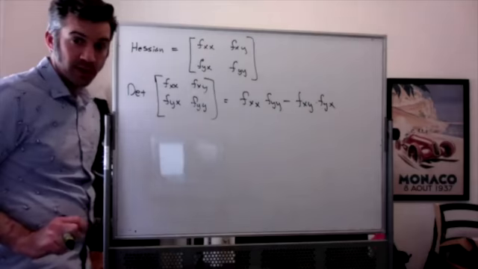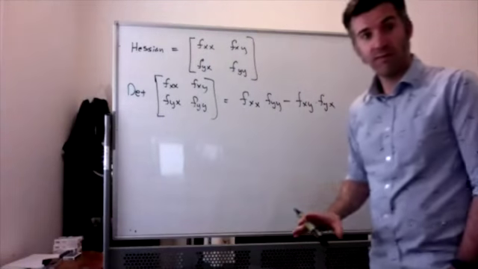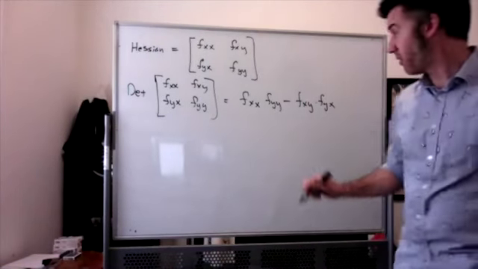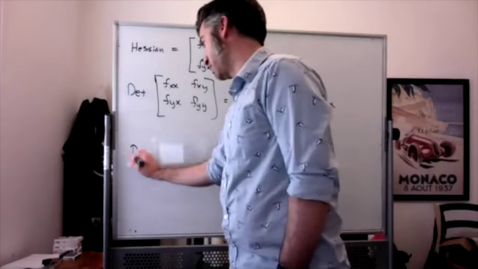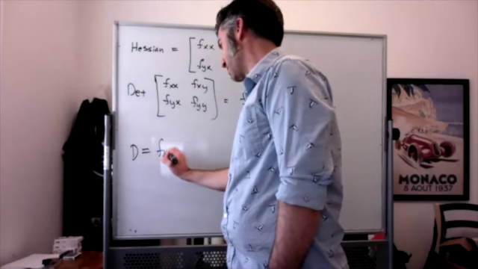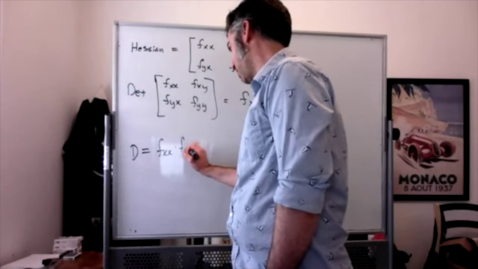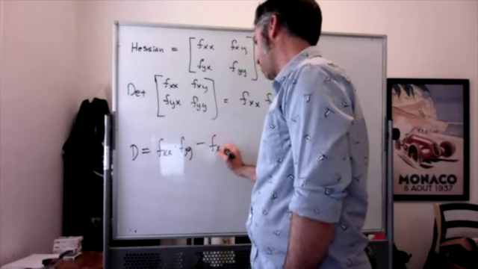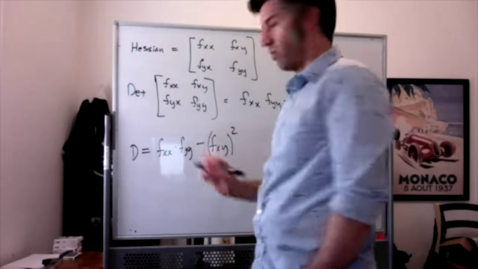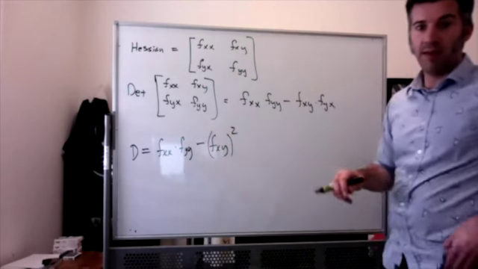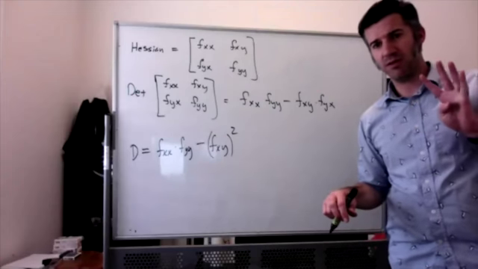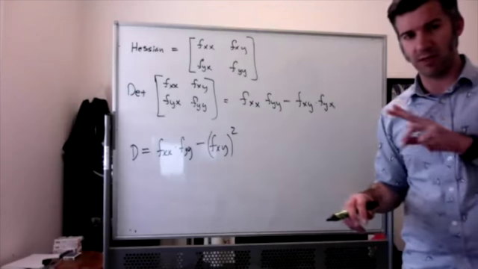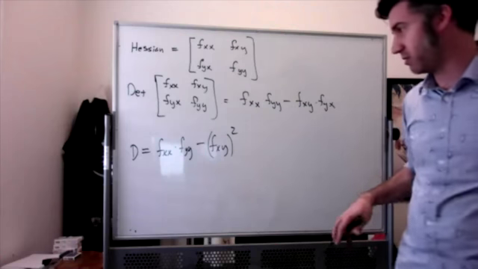And since for all the functions we're going to deal with, the mixed partial is the same either way you do it, we typically calculate this as fxx times fyy minus fxy squared. And then there are 3 possibilities. One of those has sub-possibilities.